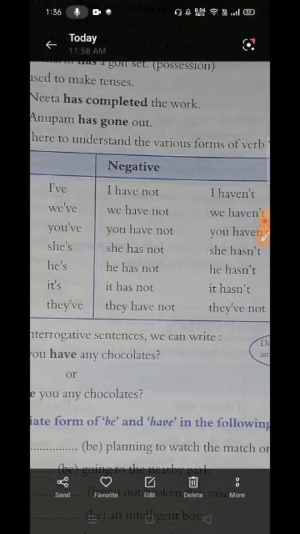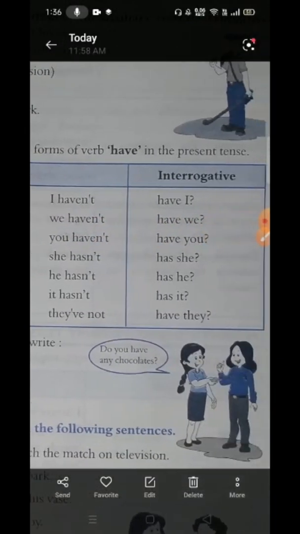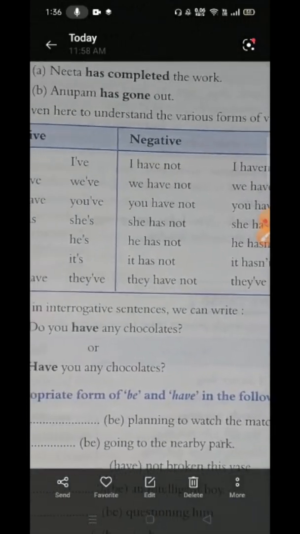Negative: I have not, I haven't, we have not, we haven't, you have not, you haven't, she has not, she hasn't, he has not, he hasn't, it has not, it hasn't, they have not, they haven't. Interrogative means we are asking a question to ourselves. Have we, have you, has she, has he, has it, have they, means we are using a question mark.